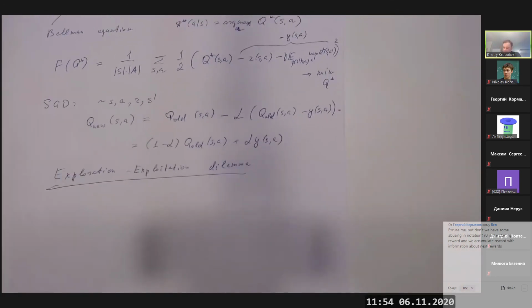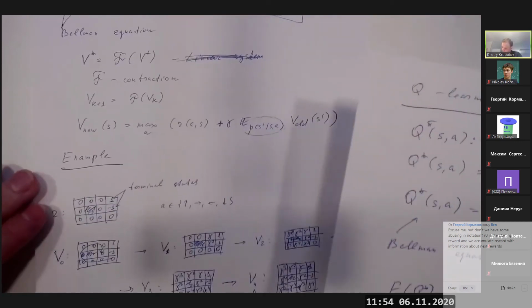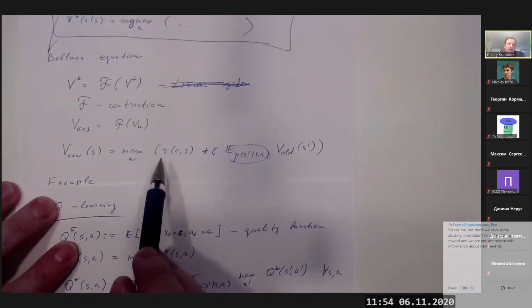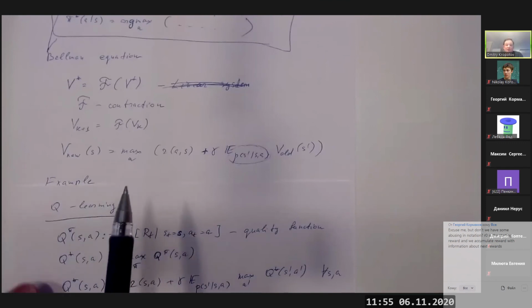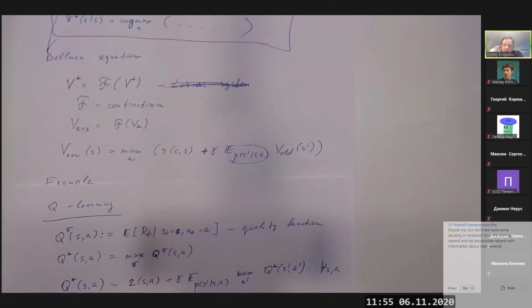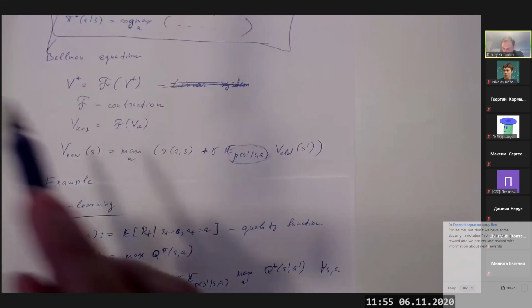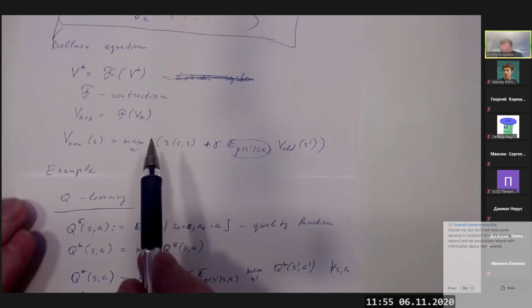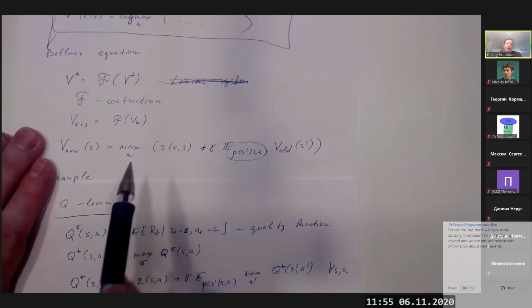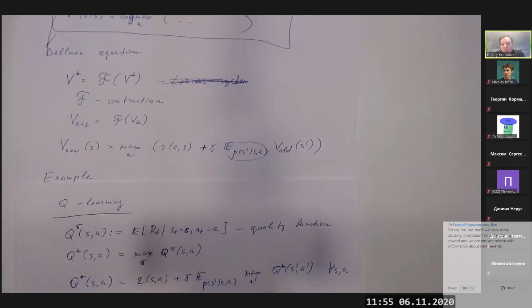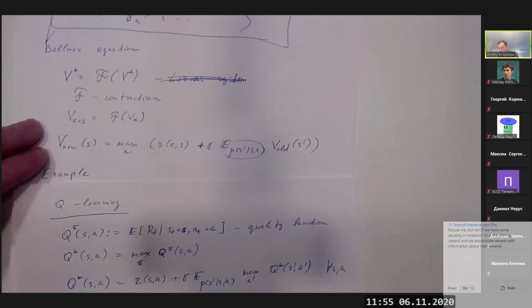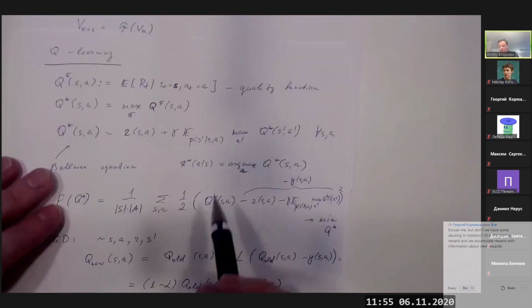What is it? In case of the value iteration algorithm, in our environment, we actually go through all possible states. We have a cycle over all possible states, and we have a max over all possible actions at each possible state. That is why we do not have any problems with exploration-exploitation here. However, if we do not cycle over all states, but instead sample some states and choose some actions, how do we choose these actions?